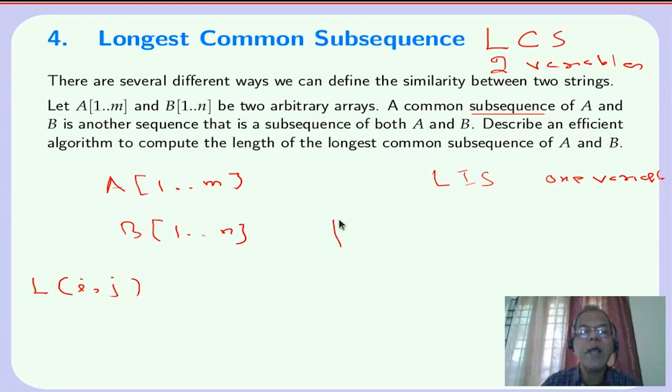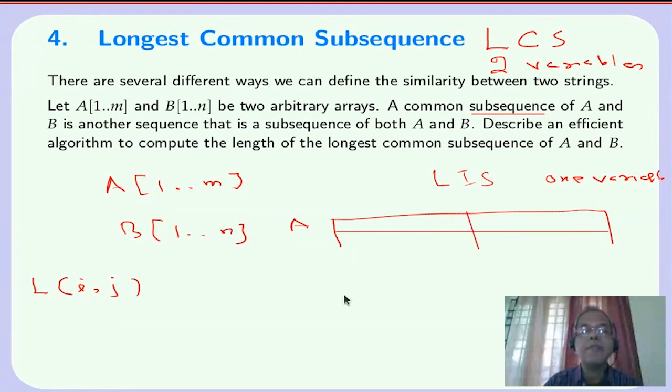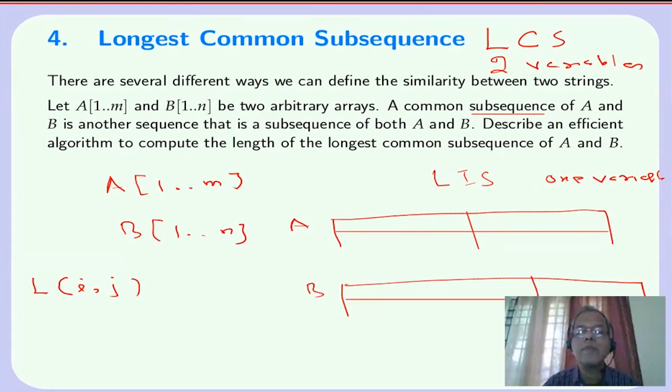You may say, okay, this is A, this is B, suppose 1 to i minus 1 or 1 to i and 1 to j.